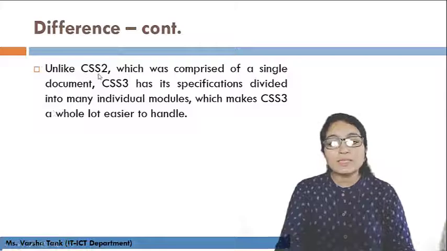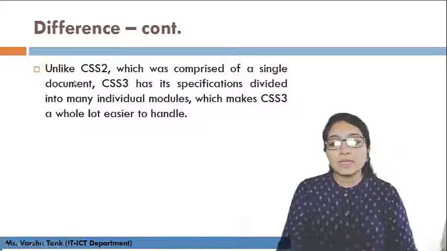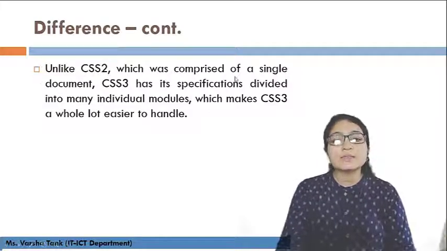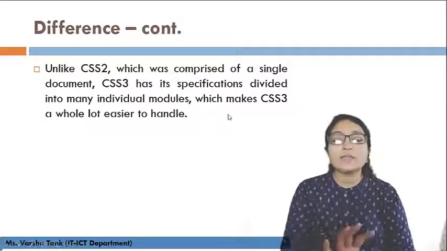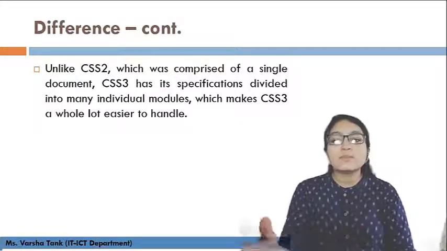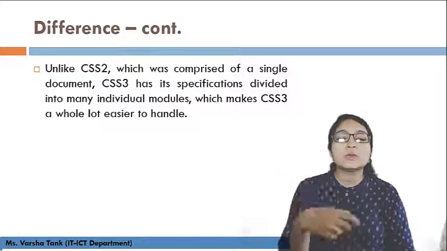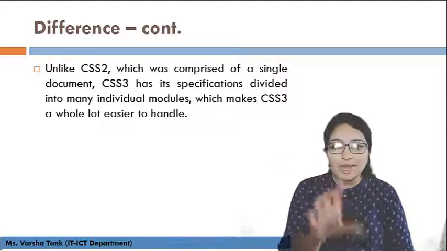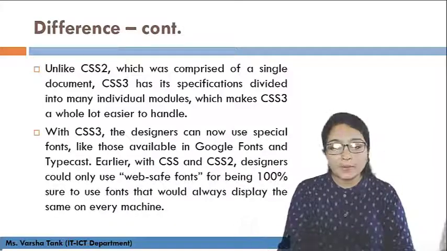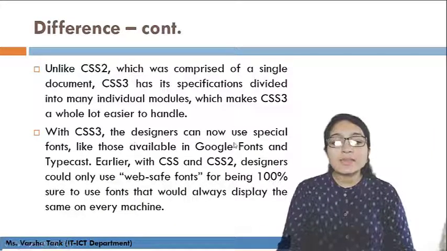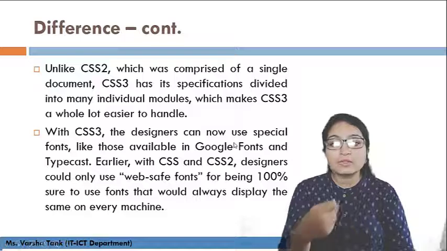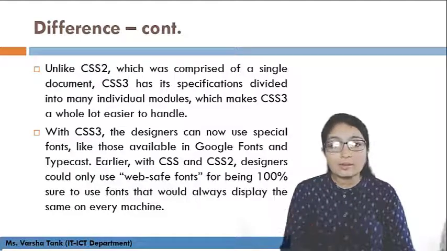Unlike CSS2, which comprised a single document, CSS3 has its specification divided into many modules, which makes CSS3 a whole lot easier to handle. If you want to change particular styles, you just have to change that particular module only. With CSS3, designers can now use special fonts like those available in Google Fonts and Typecast.